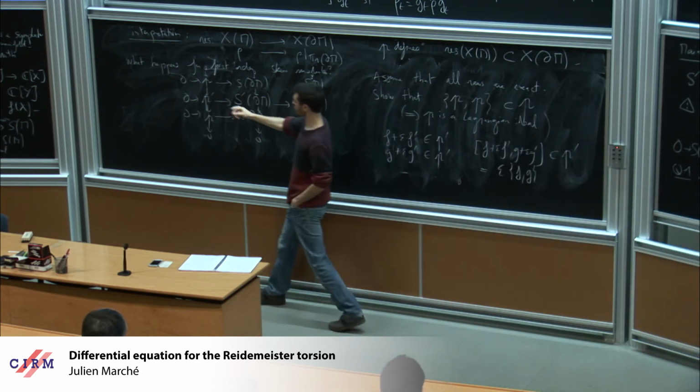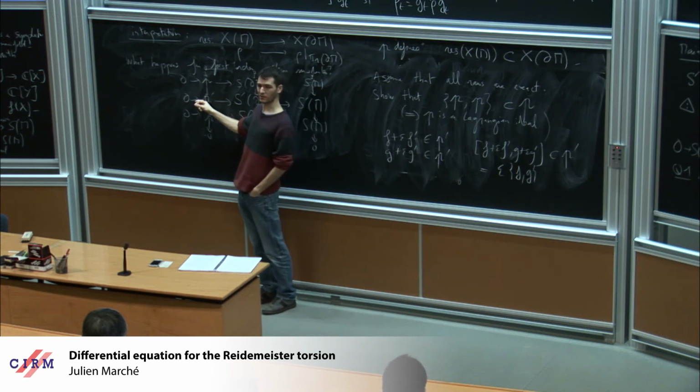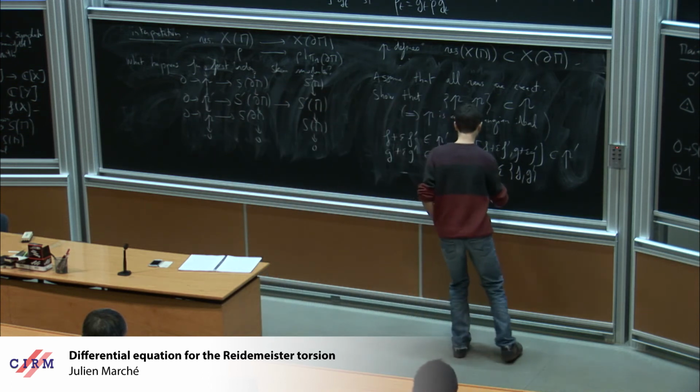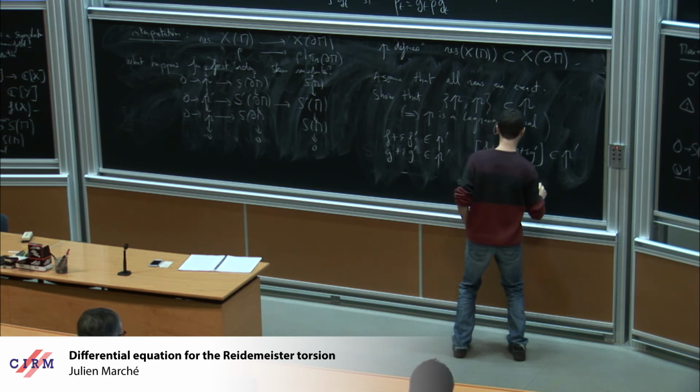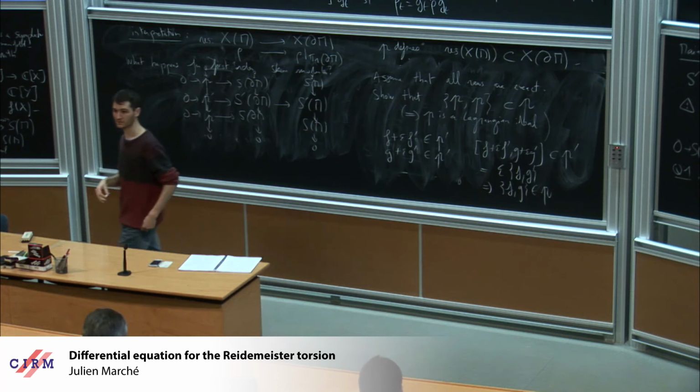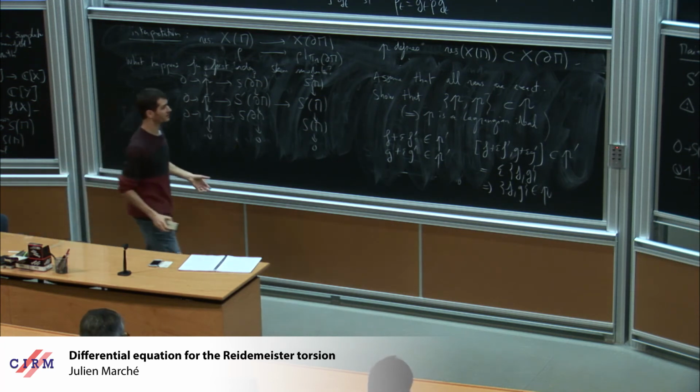So this commutator is in P prime, but it's epsilon times somebody in P. So if I assume that this map is injective, this exactly means that the bracket of F and G is in P. So I used almost everything about this assumption to prove that you have a Lagrangian ideal here.